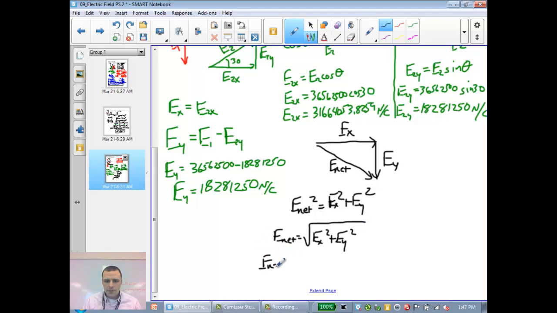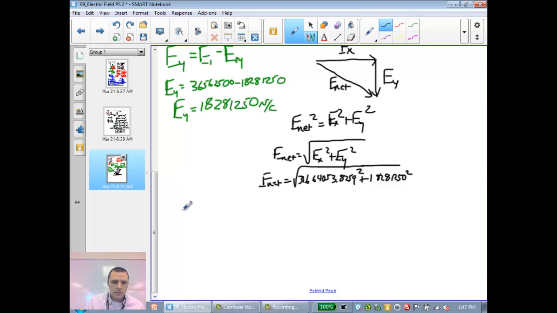The net electric field equals square root of, let's gather these numbers, 31,664,053.8259 squared plus, extend that radical there, 18,281,250 squared, and the net electric field is 3.7 times 10 to the 7 newtons per coulomb.